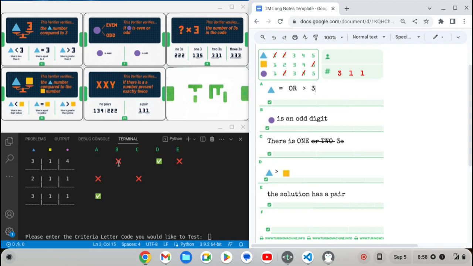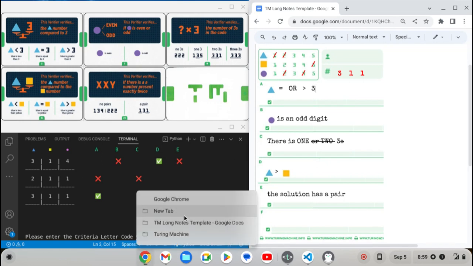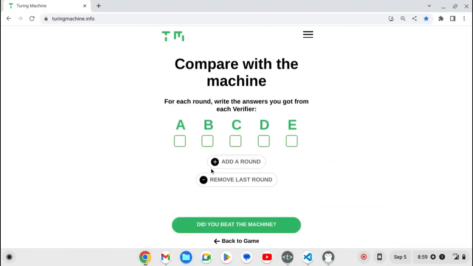So let's see. We tested B, D, E, and D was the only correct one. In the second round, we did the other 2, and they were both wrong, and then A was correct. So B, D was the only correct one.